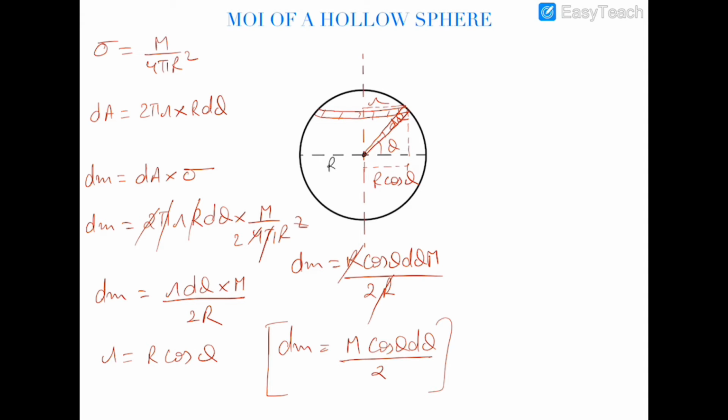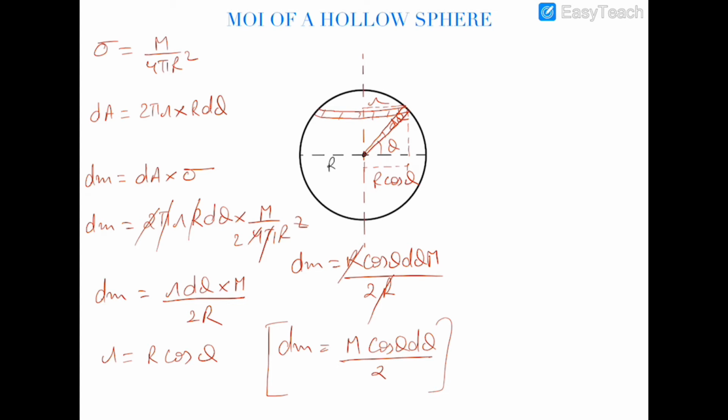Now we know that the moment of inertia of this element about this axis will be mr square, because this element is a ring, and the moment of inertia of the ring about an axis which is passing through its center of mass and perpendicular to its plane is mr square.